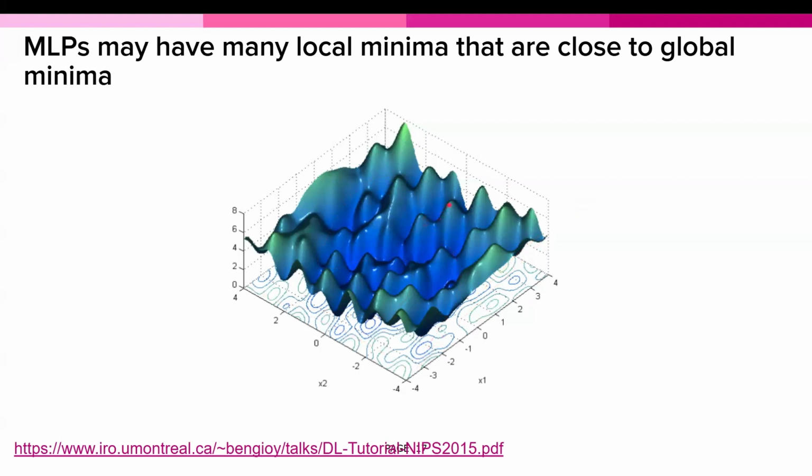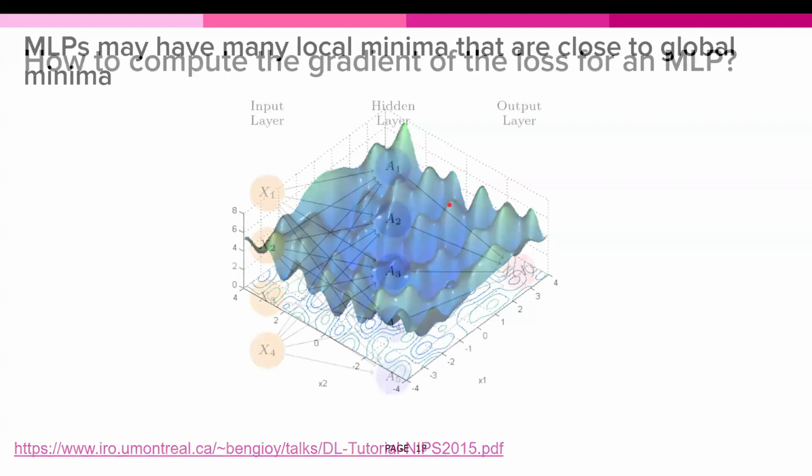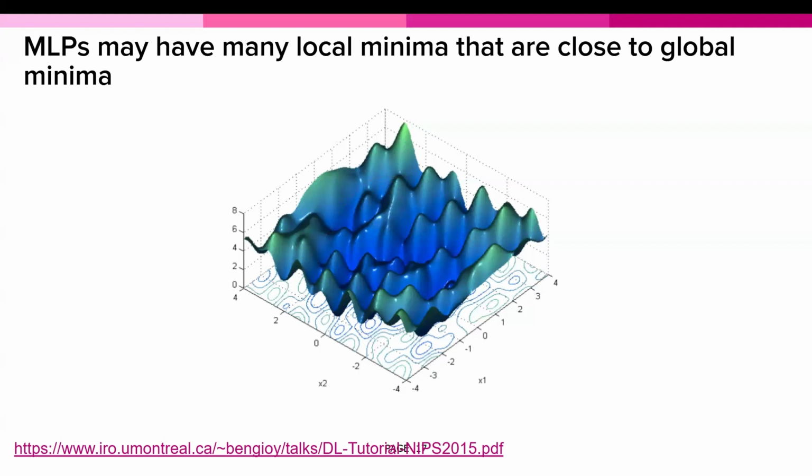But what's interesting is that research indicates that most of these local minima are actually quite close to the global minimum in terms of error. What this means is that even though the loss surface is full of these ups and downs, many of the valleys end up being good enough for our purposes.